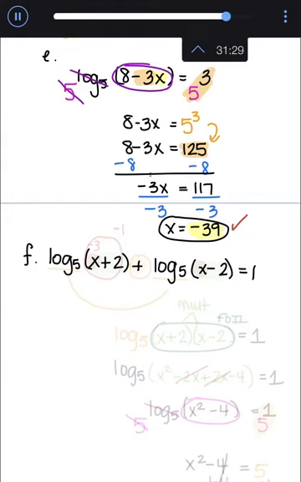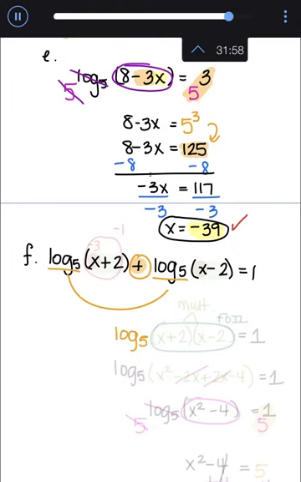Well, the first thing that we'd like to talk about is I can't get rid of the two log base 5s because of the plus in the middle. That's a problem. So the question is, can I bring these two log base 5s together? And you can. Remember, if you have a plus in between two logs with the same base, you can just bring them together as one big log base 5.